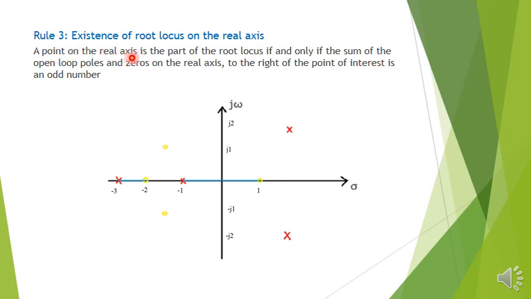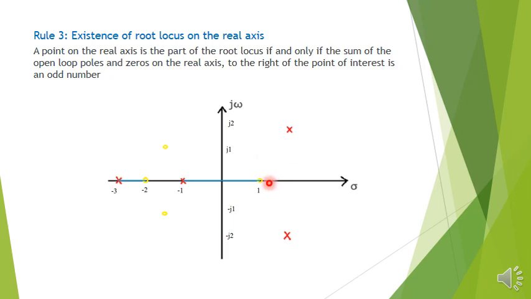So any point is a part of the root locus if and only if the total number of poles and zeros on the right side of the point is an odd number.